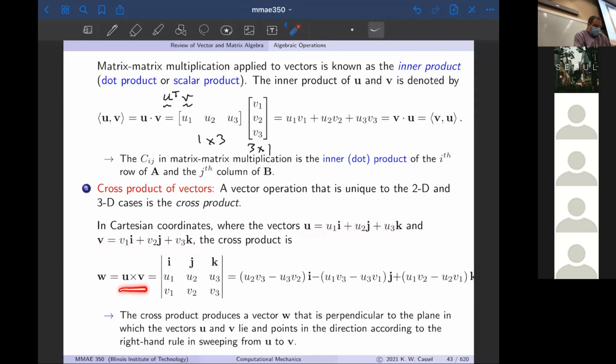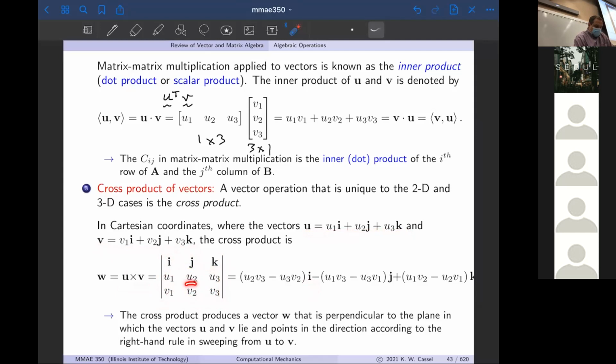Then the cross product of u with v, we write down this determinant. I, j, k are the unit vectors in the x, y, z direction. Then we have the u elements and then the v elements. And then hopefully remember how this goes. For the I component, you take the determinant of these two.